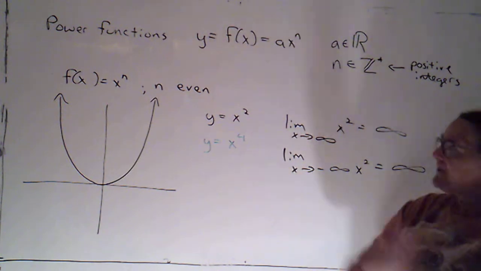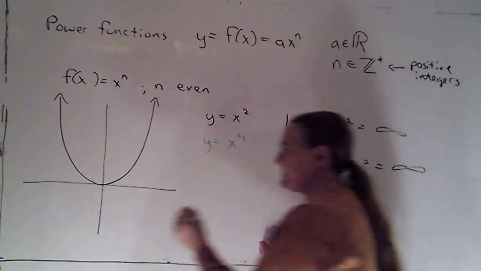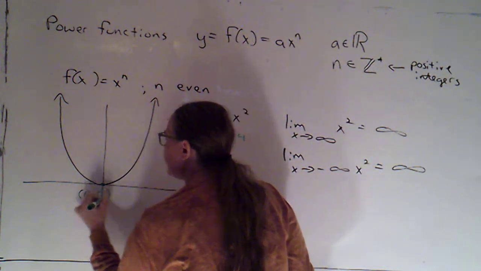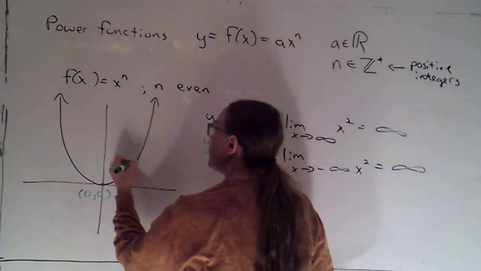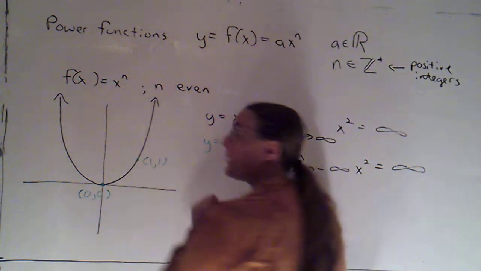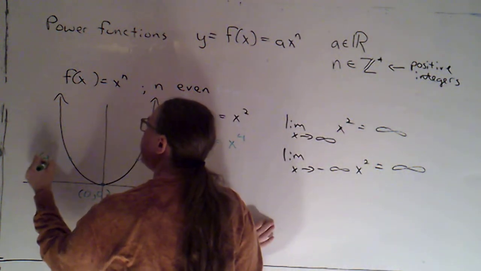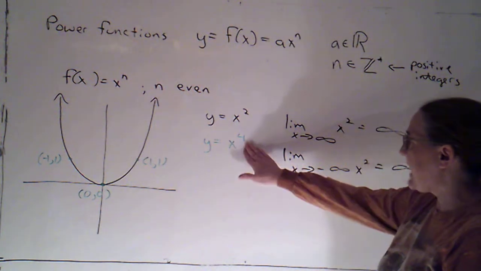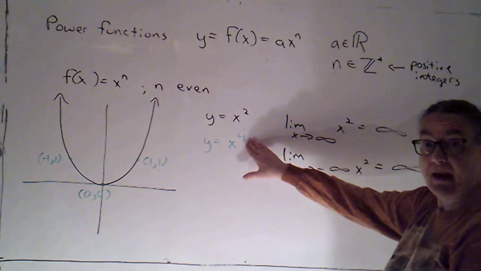The graph of that actually looks very similar. There are 3 points that are going to be on the graph of any even power of x: the origin, the point (1, 1), and the point (-1, 1). Now it's tempting to say that x to the 4th is always going to be bigger than x squared because it's the bigger power.